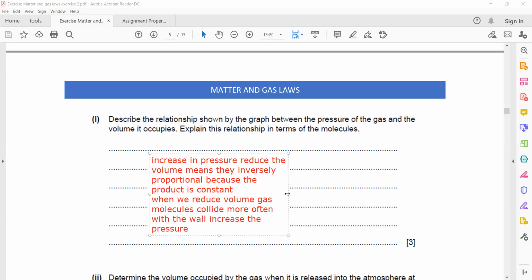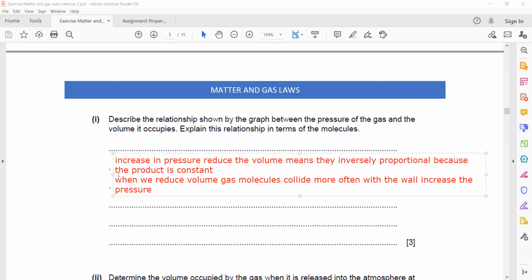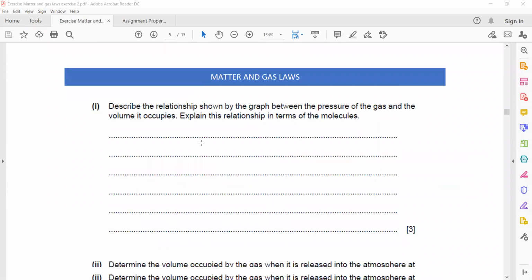This is what will happen when we increase the pressure, the volume decreases, or we can say the product is constant because they are inversely proportional according to the graph. And when we reduce the volume, it means the molecules are closer to each other. So they will collide more often with the wall and exert high pressure.